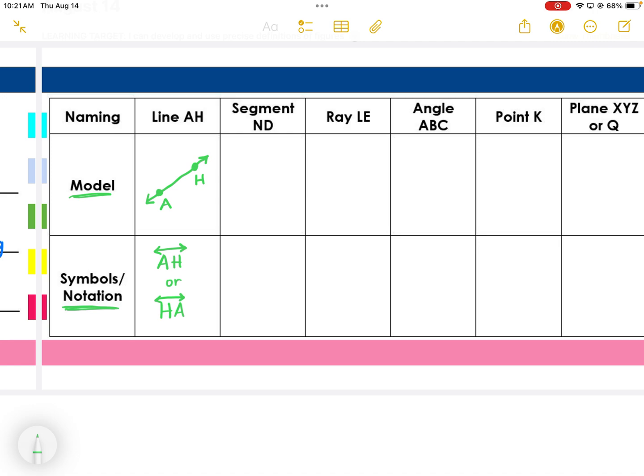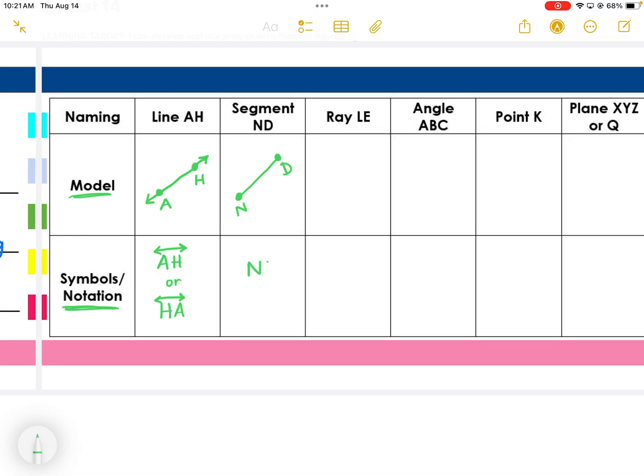Next one, segment. Remember, that's a part of a line, ND. That's going to be those 2 endpoints that it has. So segment ND, you're going to use the 2 endpoints. If there's another point on that segment, I still want to use N and D. You use the endpoints to name it.